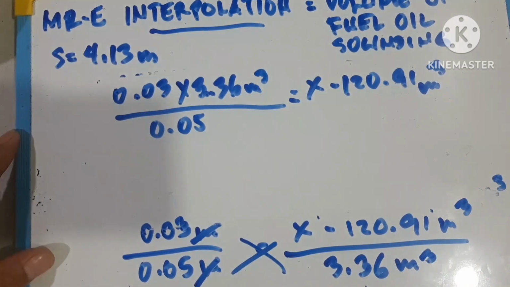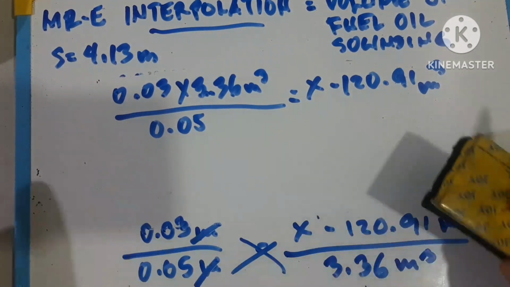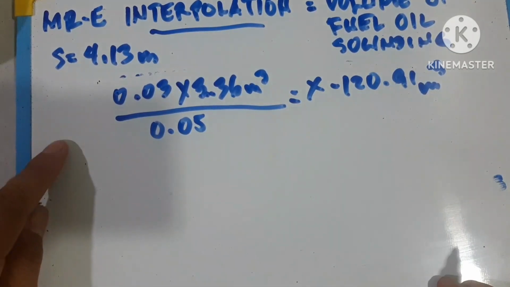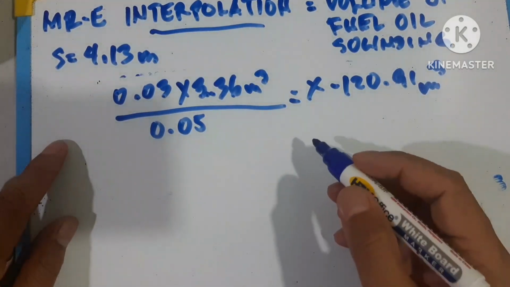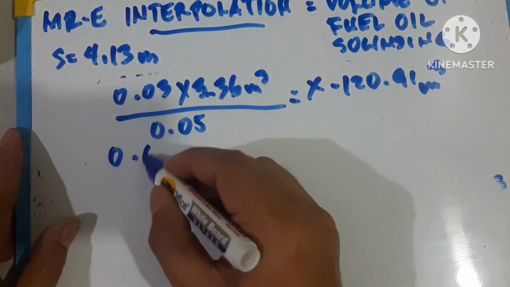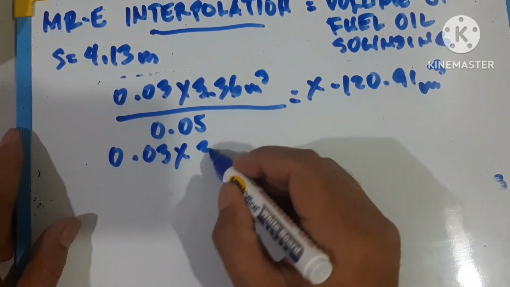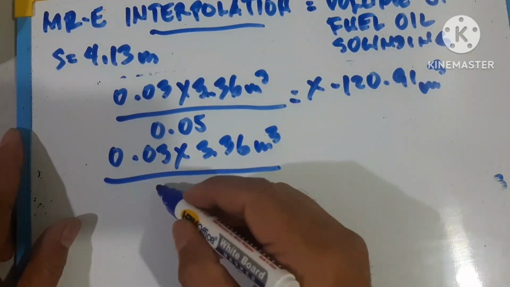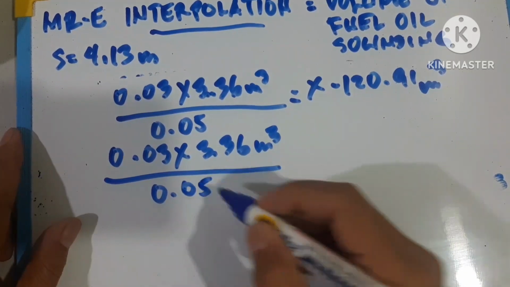So we can now erase this one below and proceed with this one. What will happen now is 0.03 multiplied by 3.36 cubic meter divided by 0.05.